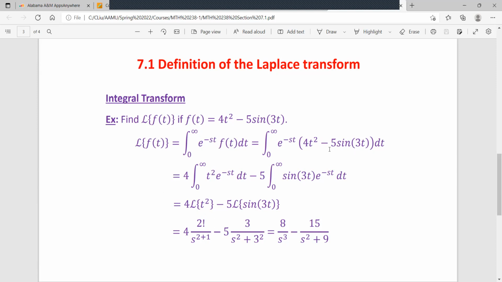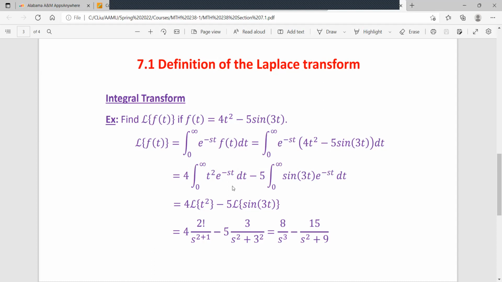Then you can break it up into two integrals and pull out the constant from each integral. The first integral will be t squared e to the negative st from 0 to infinity, and you multiply by 4 outside. The other integral is negative 5 times the integral of sine 3t times e to the negative st from 0 to infinity.